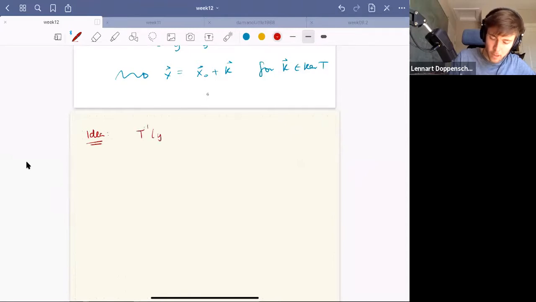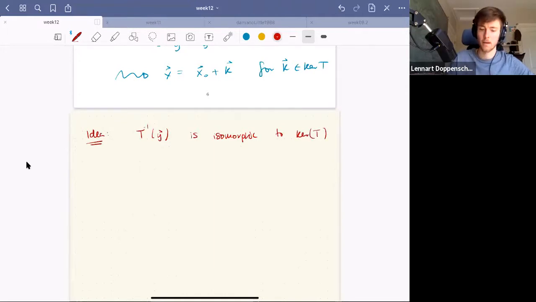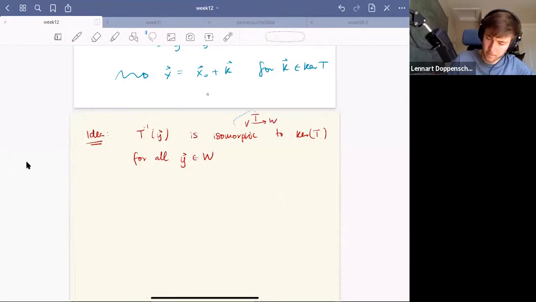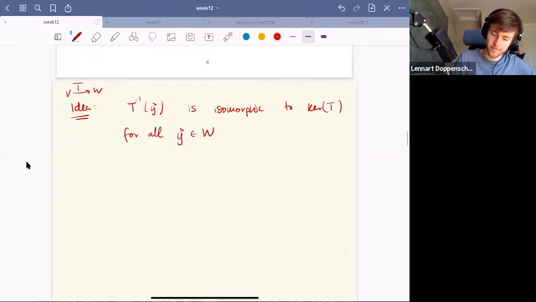T inverse of y is isomorphic to the kernel of T for all y in W. Remember still that T is a transformation from V to W. And this isomorphism is not unique.